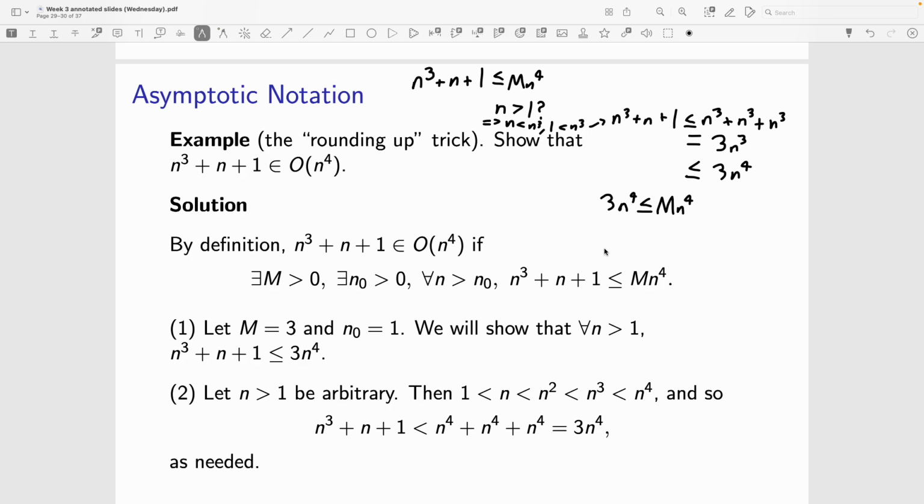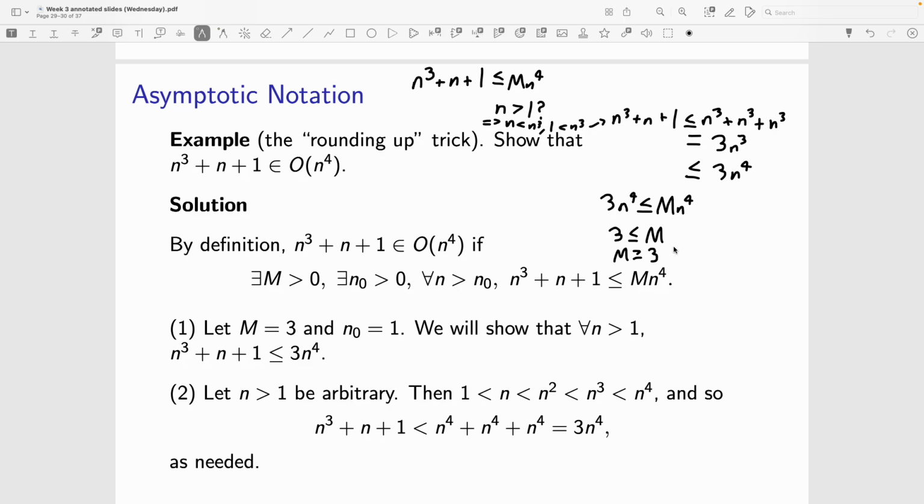In most cases, we're going to have to find a specific m. Anyway, let's divide both sides by n to the 4.